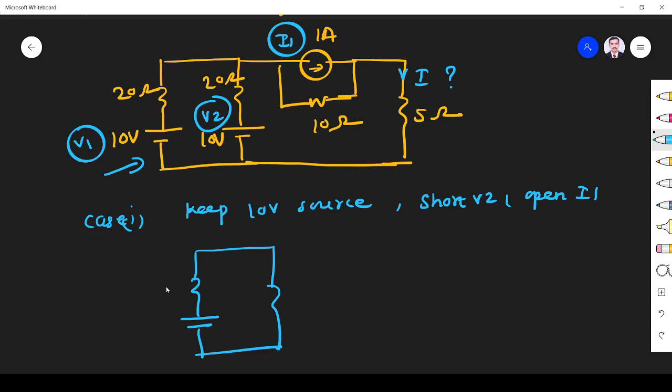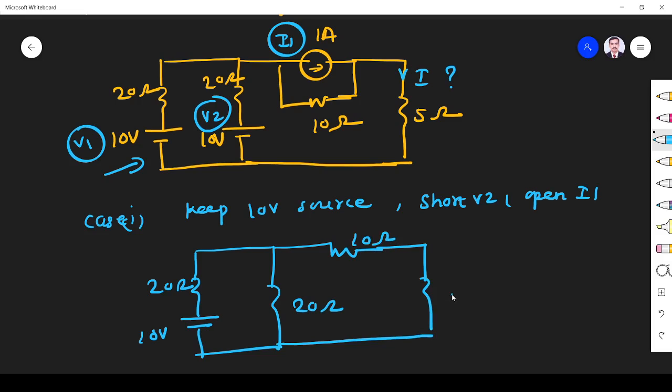This is 20 ohm, and this is 10 volt, this is 20 ohm, this is opened, and this is 10 ohm, this is 5 ohm.